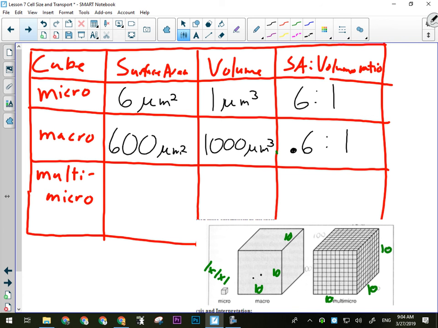The tricky one is multi-micro. Multi-micro is the same size as macro, but it's made up of a bunch of tiny single cells. Each one of those cells has 6 sides.